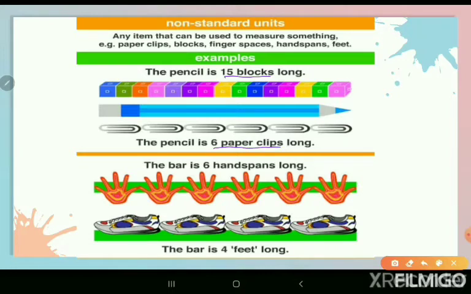Okay, and here the green bar, in the second example, if you want to measure with handspan, it is 6 handspan long. And if we want to measure with feet, it is 4 feet long. Okay, so here we see that the non-standard unit gives us a rough estimation. It is not the exact measure.